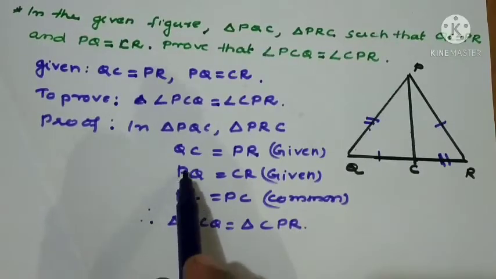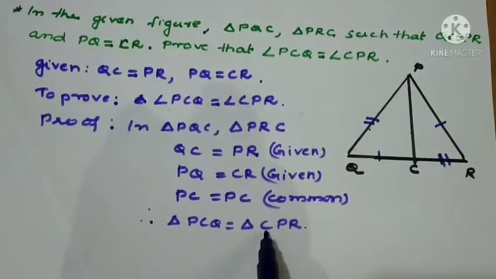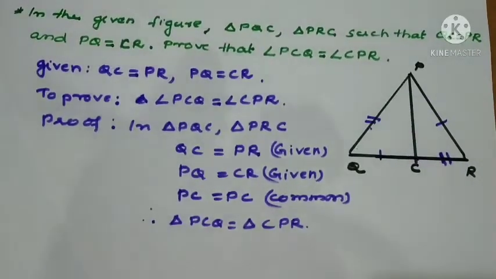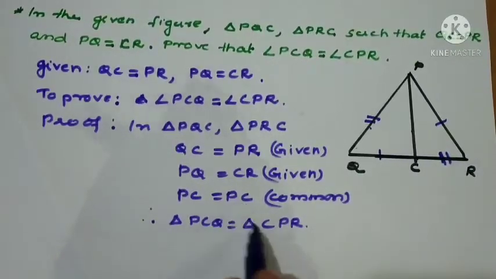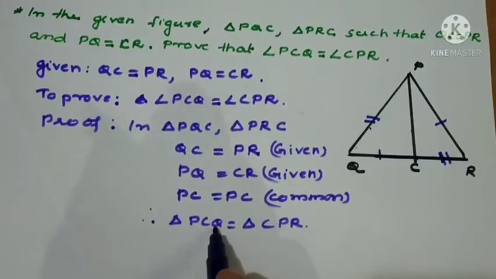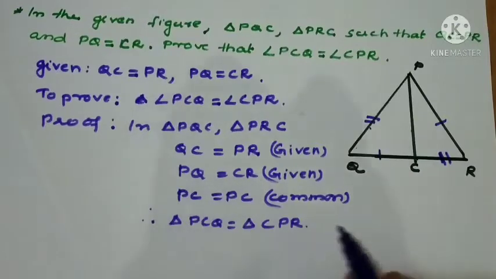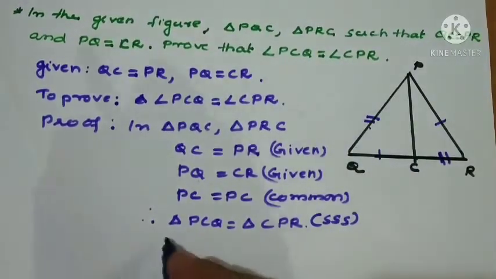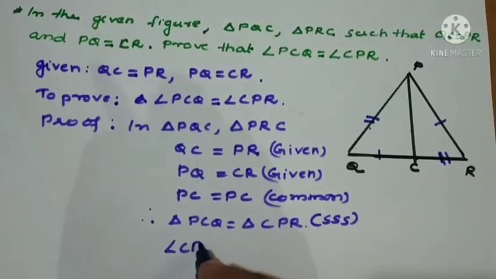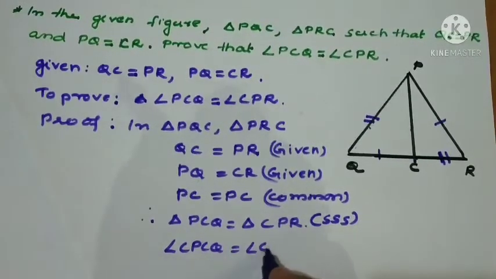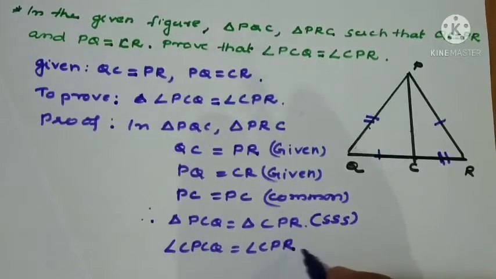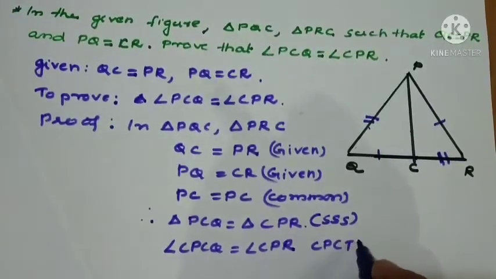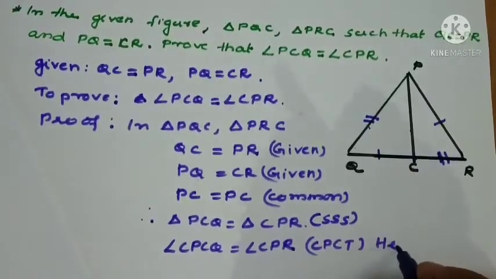So the letter P is common here. So for P it is C. For P it is C. So for C it is P only. The only left letter is for Q. It is R. So criteria is three side. So SSS criteria. Therefore, angle PCQ equal to angle CPR, that means CPCT, hence proved.